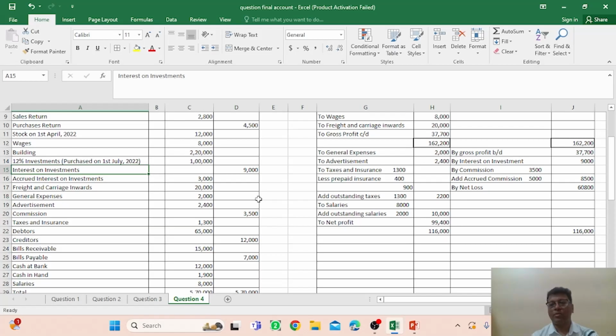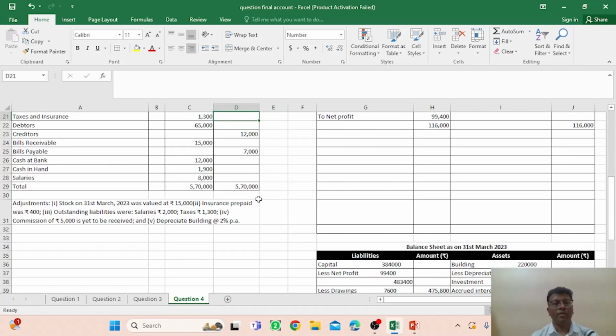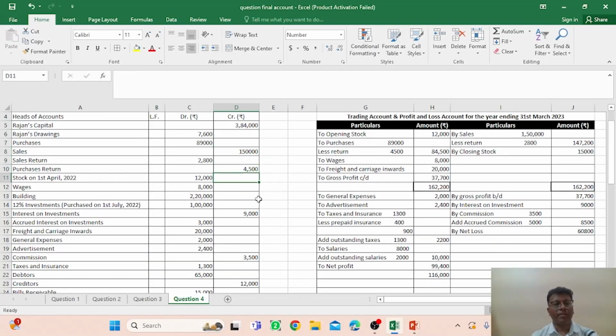Interest on investment 9,000 is written on the credit side, as you can observe. And accrued interest is a debit side balance, so in the balance sheet 3,000 accrued interest on investment we have mentioned. And 20,000 freight inward already mentioned in the trading account. General expenses 2,000 already given. And advertisement 2,400, commission 3,500, and taxes and insurance 1,300.